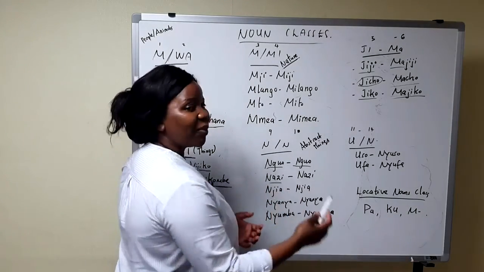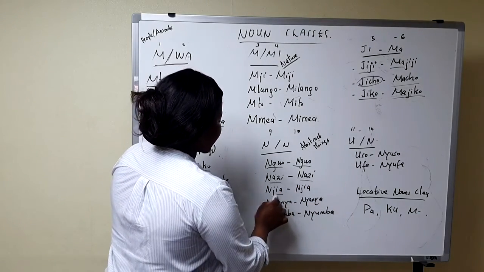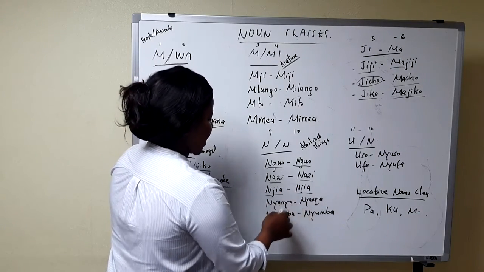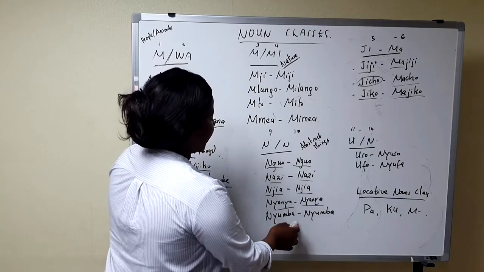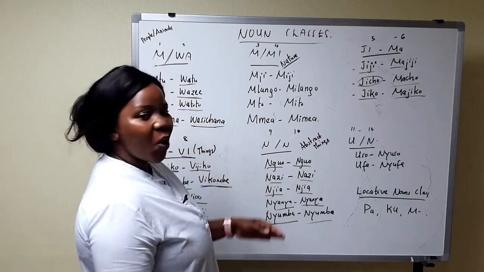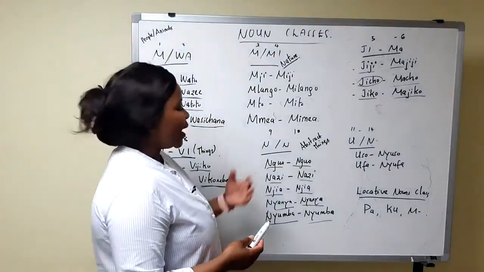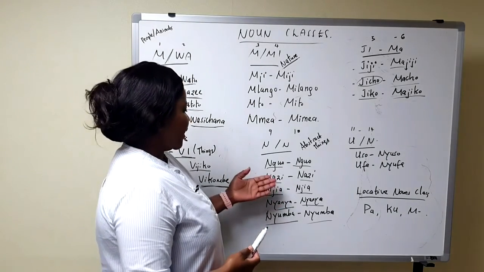Nazi, in plural is just the same, nazi. Njia, njia. Nyanya, nyanya. Nyumba, nyumba. So nguo is a cloth. In plural we say nguo, okay?